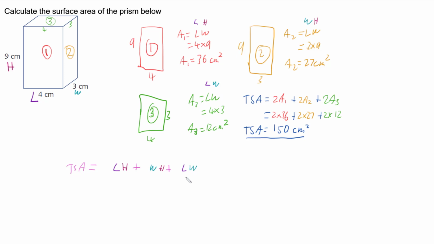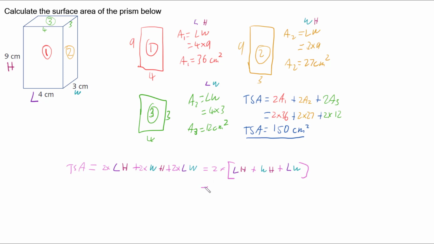And then there were 2 each of every single one of those. And this is more commonly written as 2 times the sum of those things: length times height plus width times height plus length times width. So you can actually use a rule and you would get the same answer.